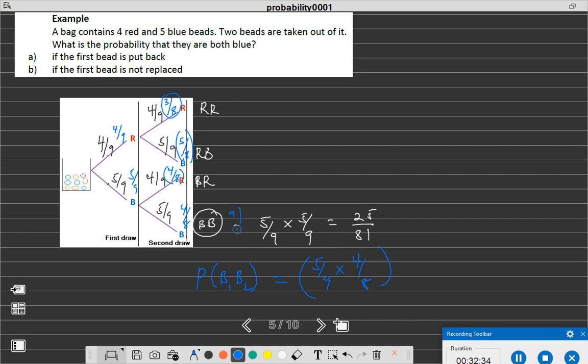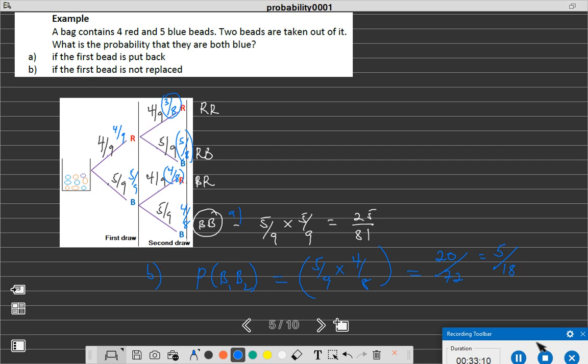This is part A, this is part B. So here, if we multiply 9 times 8 and 4 times 5, we get 20 out of 72. Press the calculator, 72. And this reduces to 5 out of 18. So that is the tree diagram.